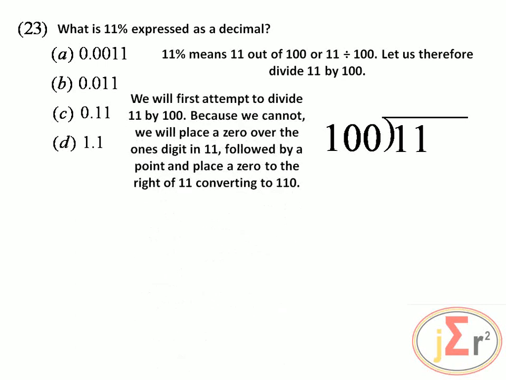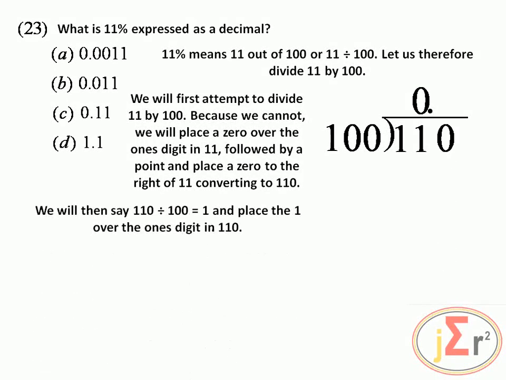We will first attempt to divide 11 by 100. Because we cannot, we will place a 0 over the 1 digit in 11, followed by a point, and place a 0 to the right of 11, converting it to 110. We will then say 110 to be divided by 100, and that is 1. And then we'll do what?